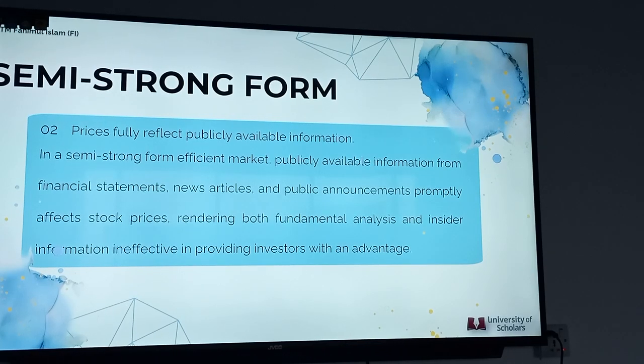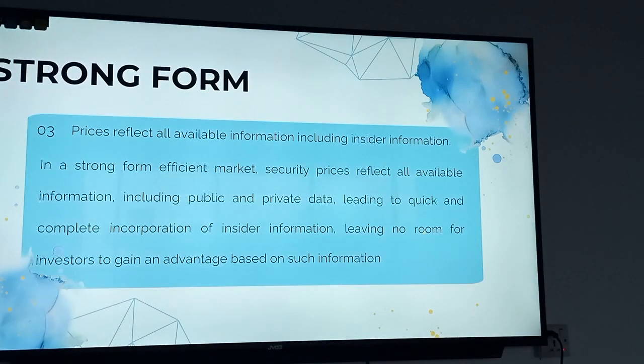Moving on to our strong form of efficient capital market, where security prices reflect all available information, including both public and private information. This means that even insider information, which is non-public information about a company known only to its insiders, such as management or employees, is quickly and fully incorporated into the stock price. It is a strong form efficient market.